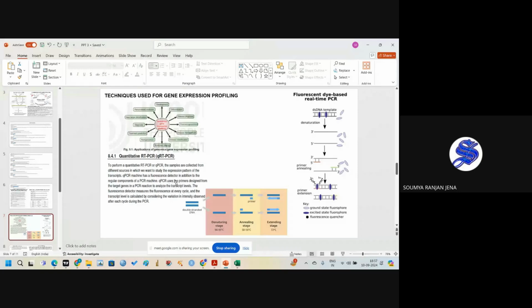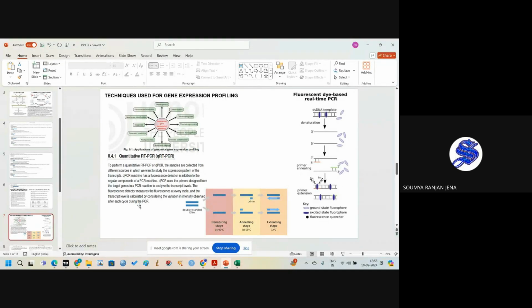The qPCR uses different primers designed from the target genes in a PCR reaction to analyze the transcript levels. The fluorescence detector measures the fluorescence at every cycle, and the transcript level is calculated by considering the variation in intensity observed after each cycle during the PCR.